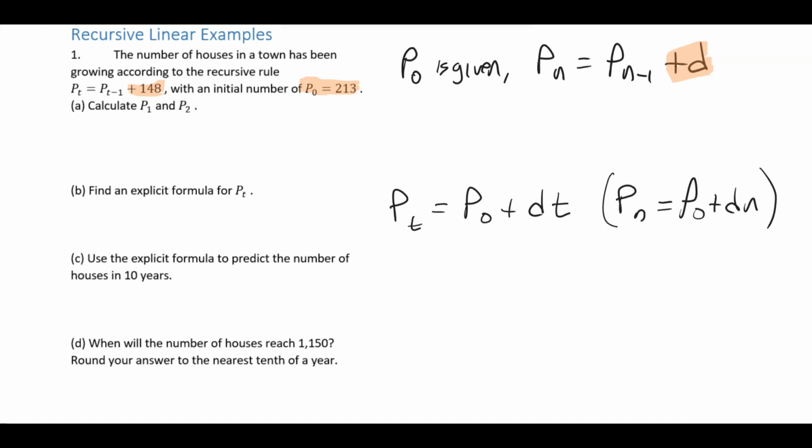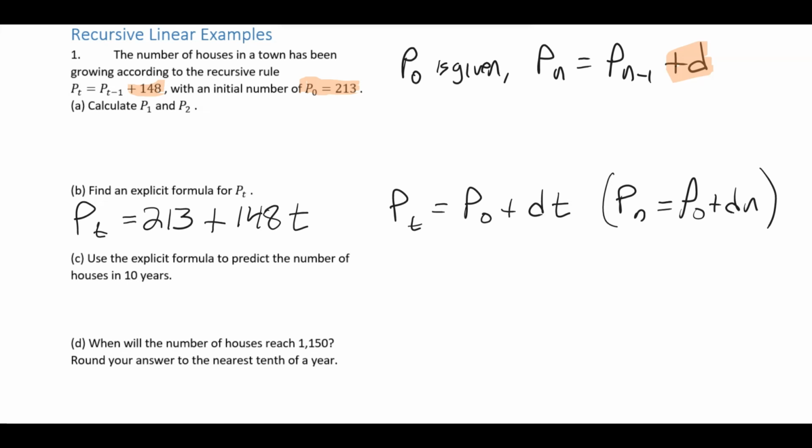That's fine, we can handle that. So for this problem, P sub t would be P sub 0, which was given as 213, plus dt. And d is the 148.